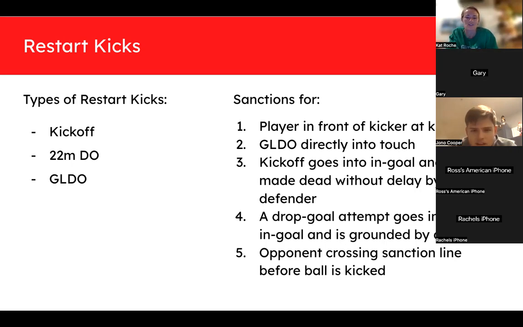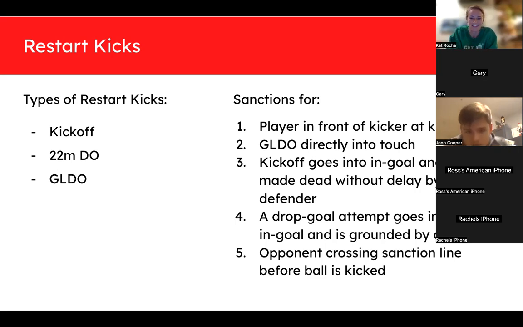What is our sanction? You go to goal line dropout, goes directly into touch. I know, this is a fun one. Lineout on the 5-meter, scrum 5, or kick again.